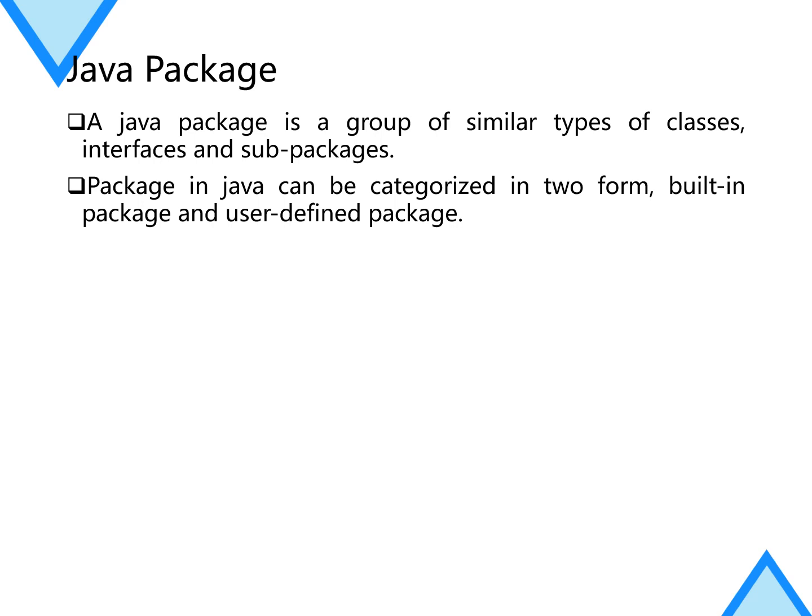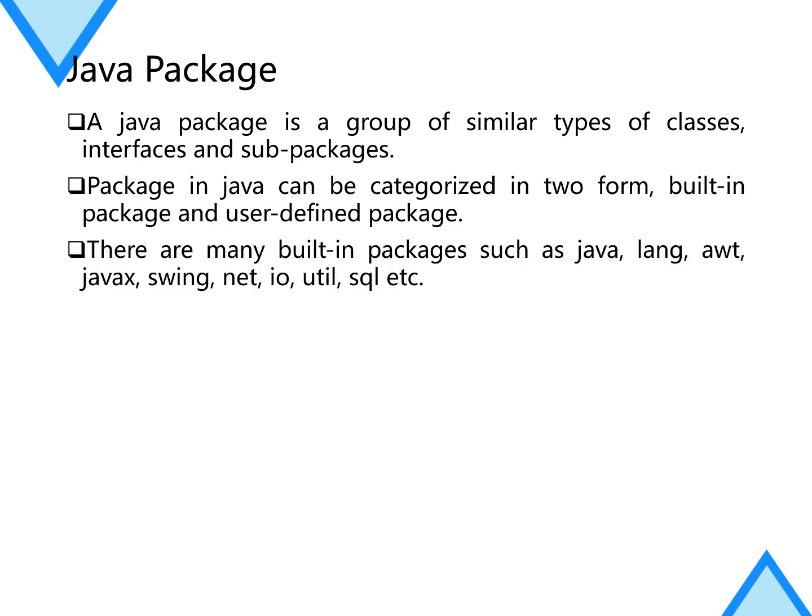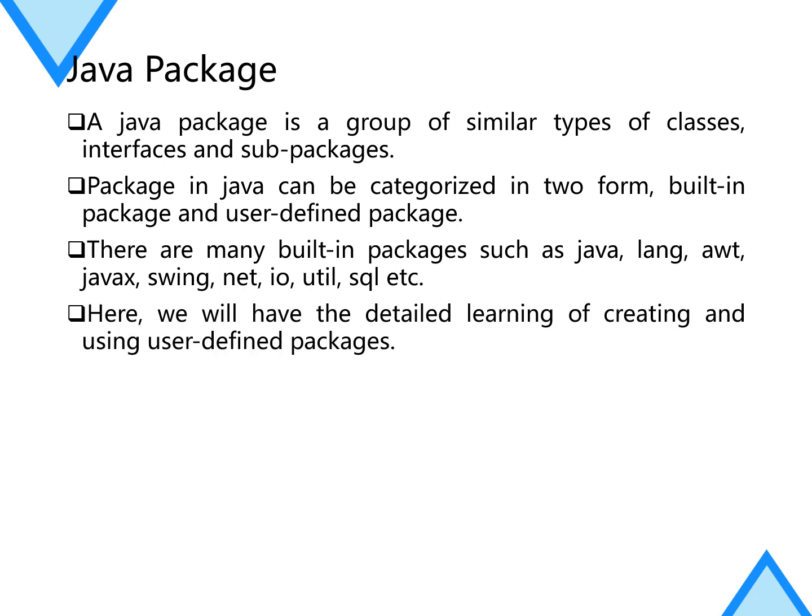The person who writes the compiler defines the functionality of built-in functions. Similarly, a built-in package is defined by the company or the people who design the Java language compiler, and user-defined packages are defined by the programmer. There are many built-in packages such as java.lang, AWT, javax.swing, net, input output, and util, SQL, etc.